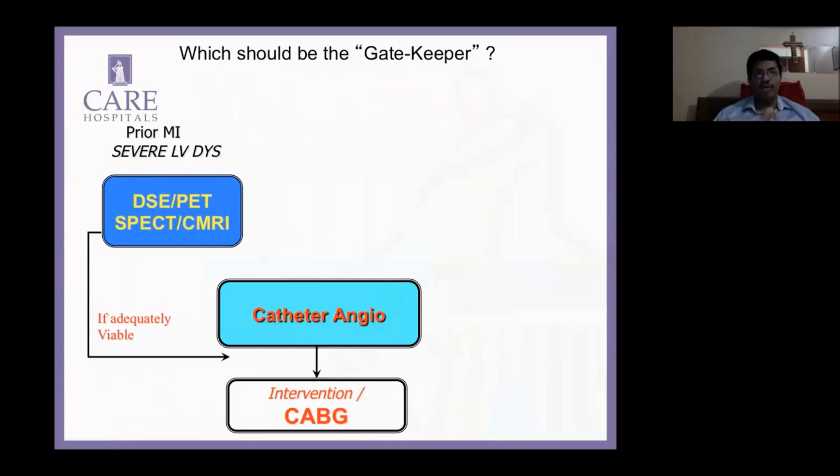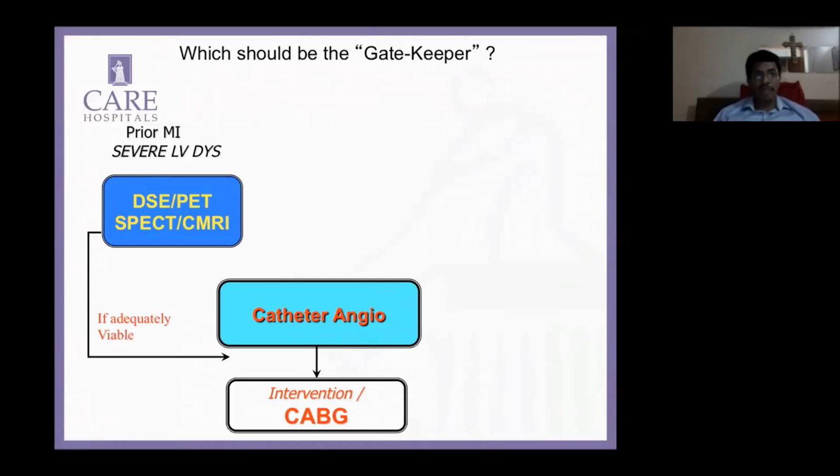Just a quick overview in terms of gatekeeping. I'm using the word gatekeeping to allude to what tools we need to use to make sure we are in the right direction before we proceed for an intervention or revascularization.